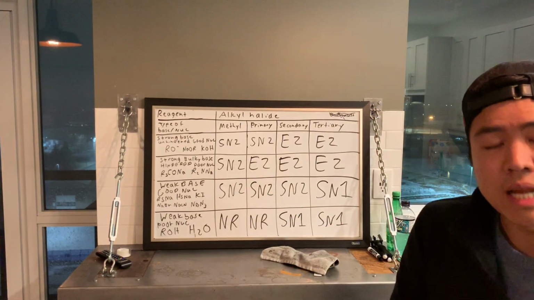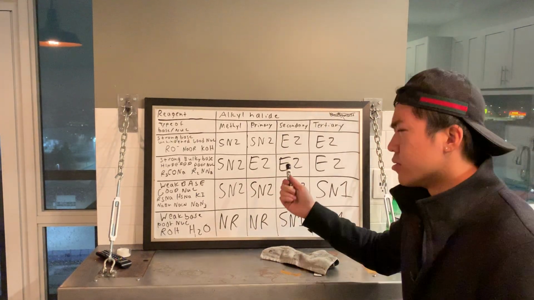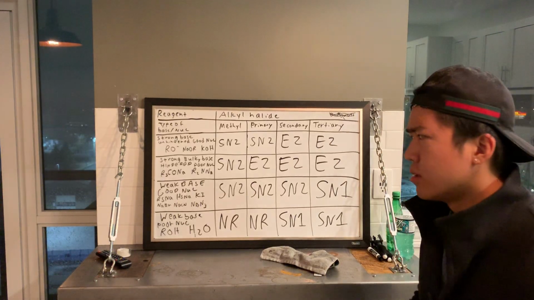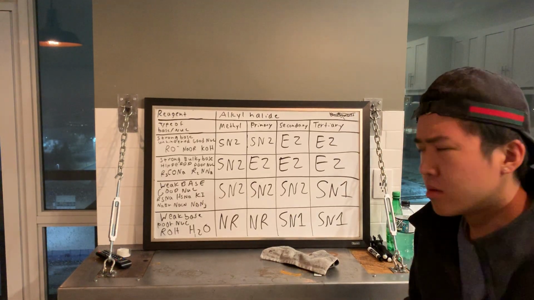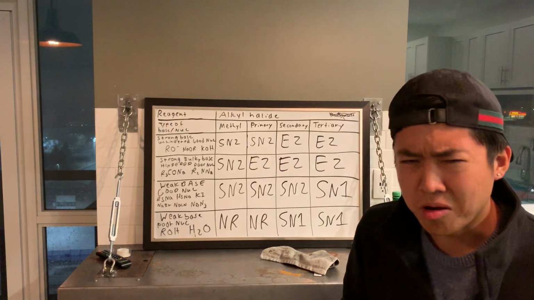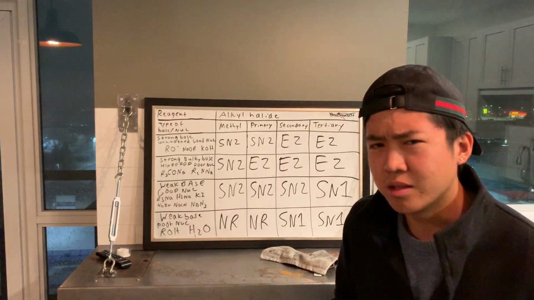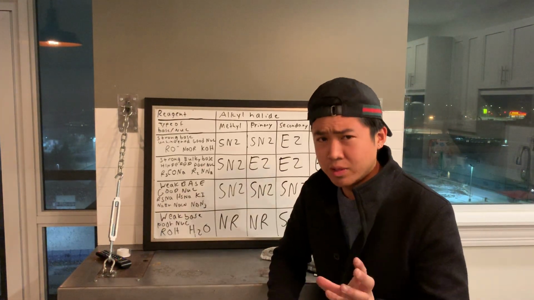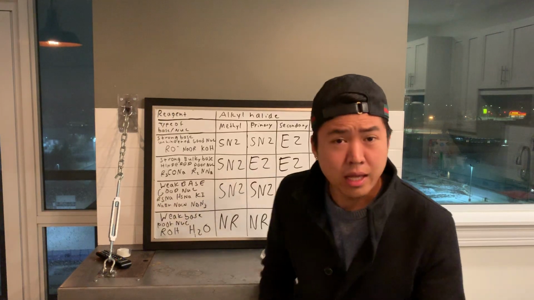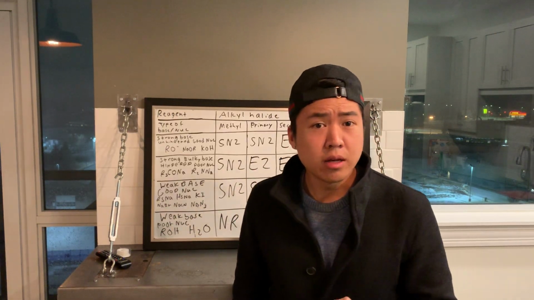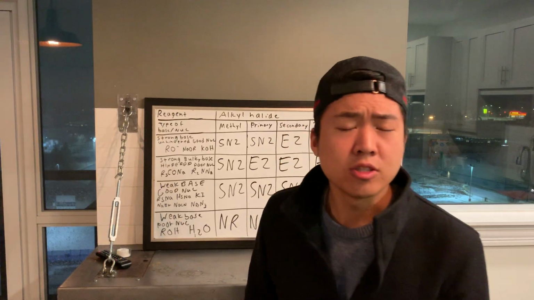Right at primary, it goes E2, we form a double bond. Why is that? Well, it says it's a strong, bulky base, but a poor nucleophile. In substitution reactions, we act as nucleophiles. In elimination reactions, we act as bases.